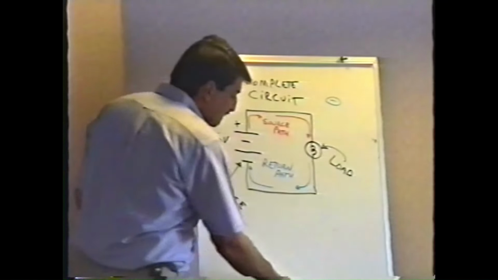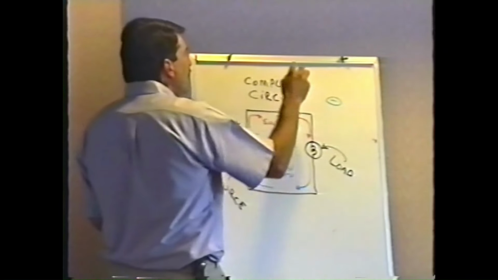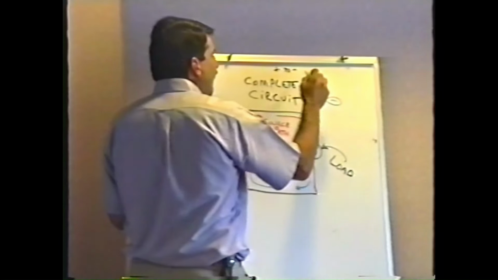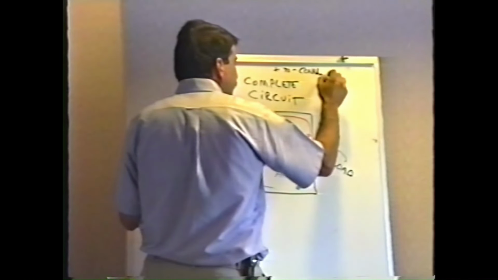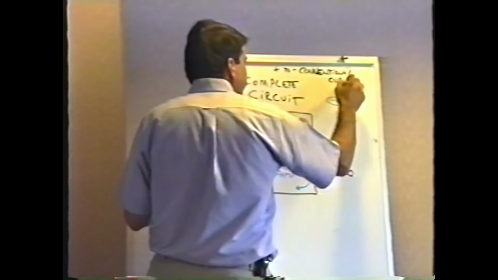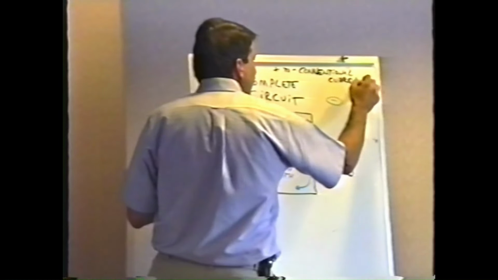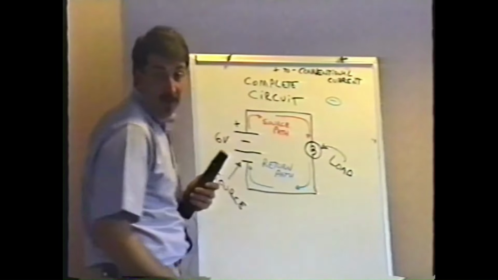This concept of electricity flowing from positive to negative is known as conventional current. It isn't really the way the electric current flows, but it's the way we draw the schematic diagrams.